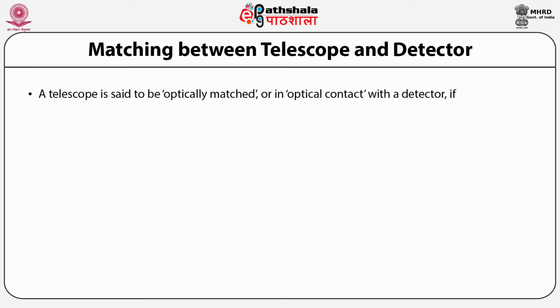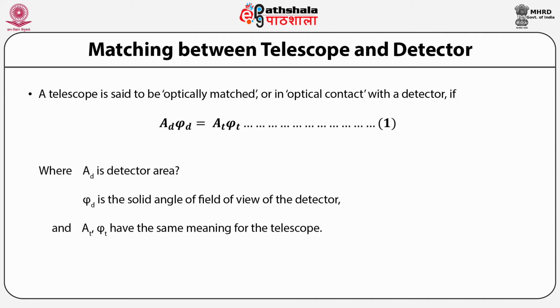A telescope is said to be optically matched, or in optical contact, with a detector if a simple mathematical equation is obeyed, like AD φd equals AT φt, where AD denotes the detector area, φd is the solid angle of field of view of the detector, and AT and φt have the same meaning for the telescope.